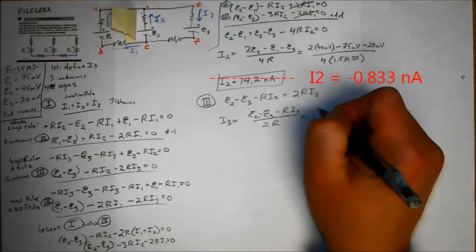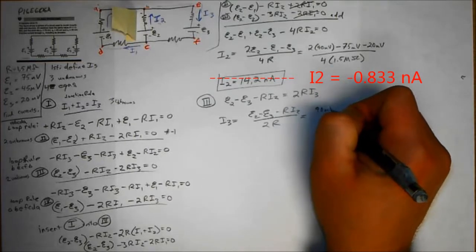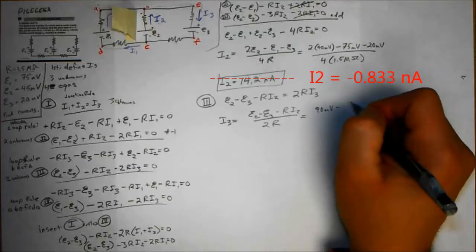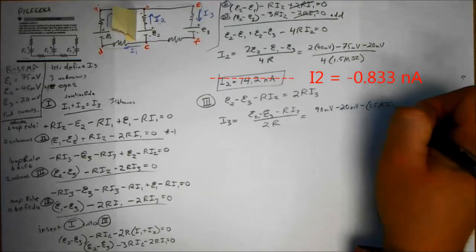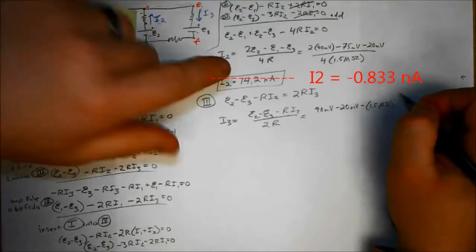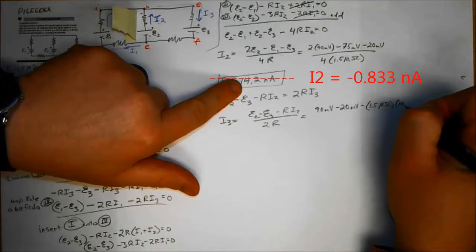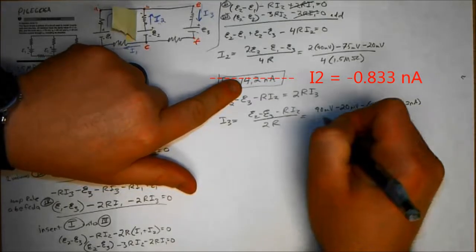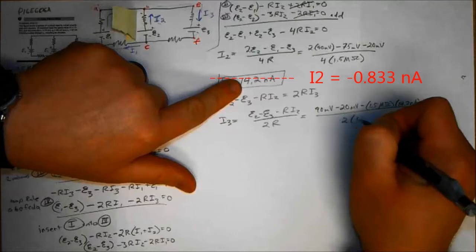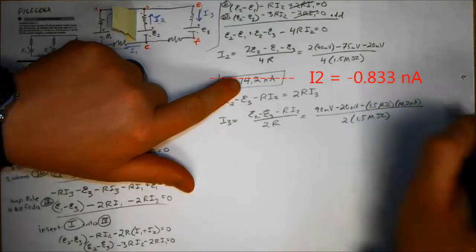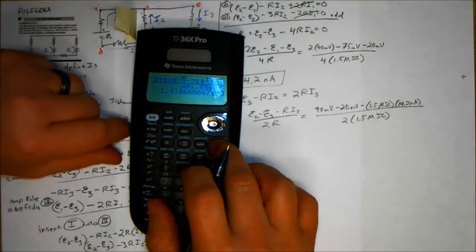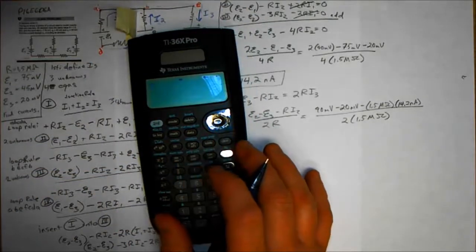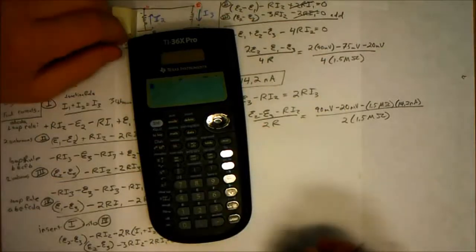So that then is equal to 90 millivolts minus 20 millivolts minus R, 1.5 megaohms, times I2, which we've just found as 14.2 nanoamps, all over 2 times 1.5 megaohms. So let's put that in our calculator. If I turn this lamp off, that'll help a little bit.